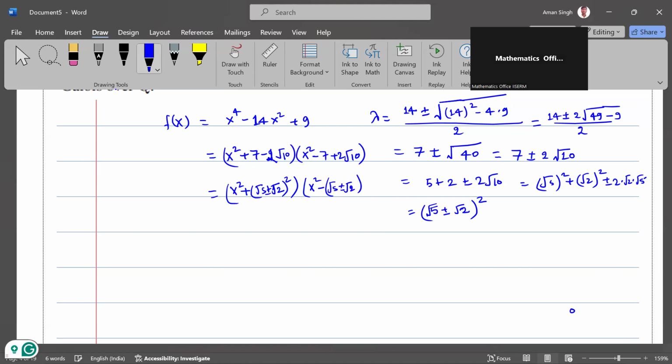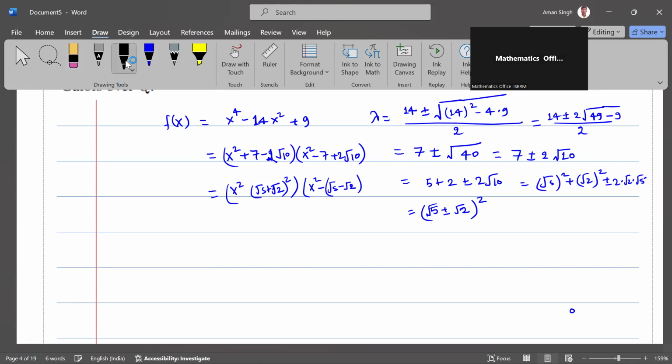Sorry, in one it should be plus because we are getting 2 roots. So lambda 1 should be root 5 plus root 2, and lambda 2 should be with minus. So one is in plus and one is in minus. These are roots.